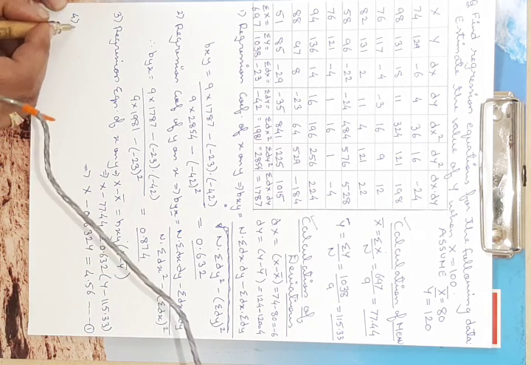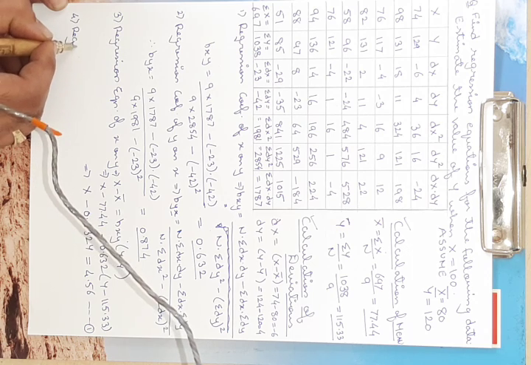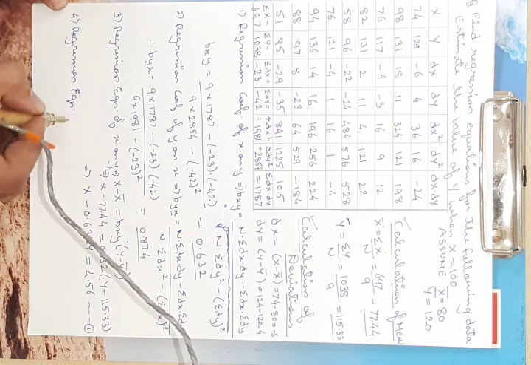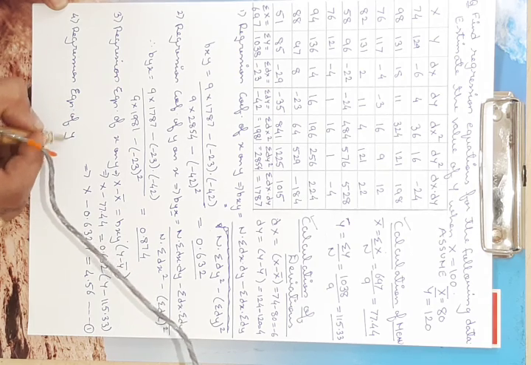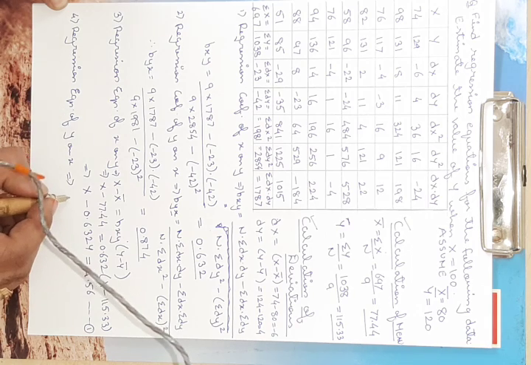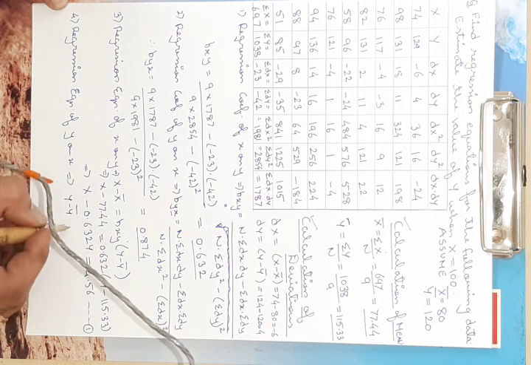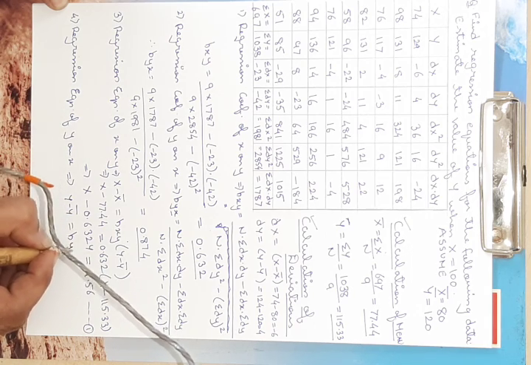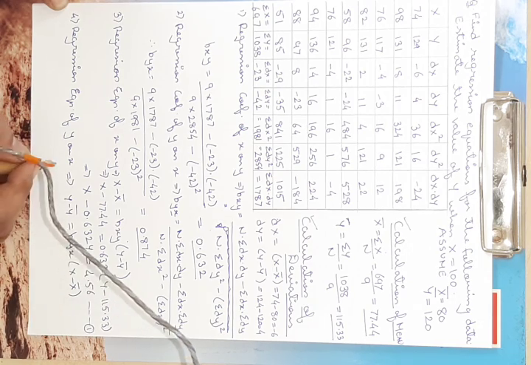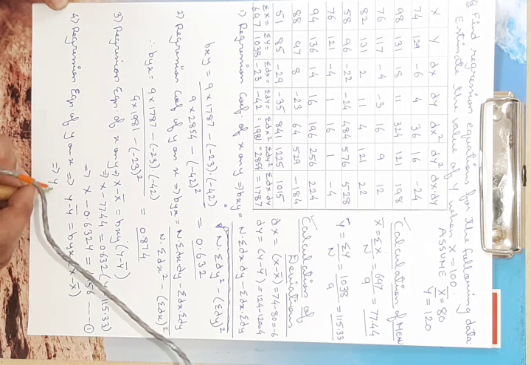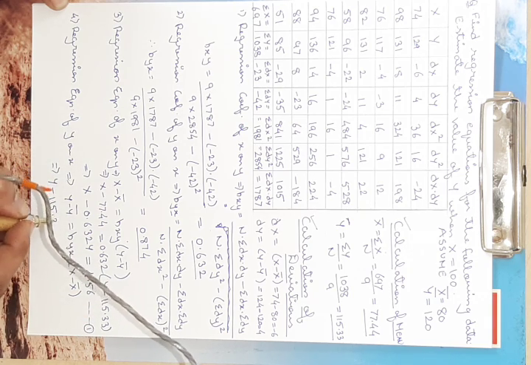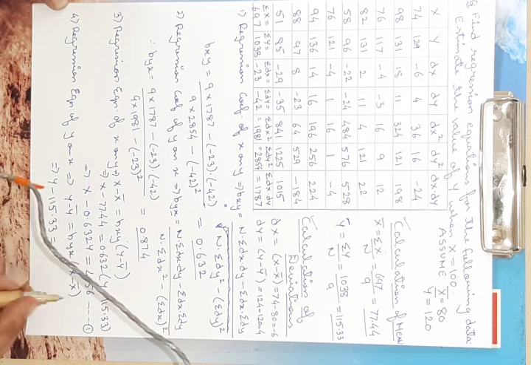Next is we need to find out the regression equation of now y on x, that is given by the formula y minus y bar is equal to byx into bracket x minus x bar. So this means y minus, what is y bar? The value of y bar is 115.33 is equal to byx.